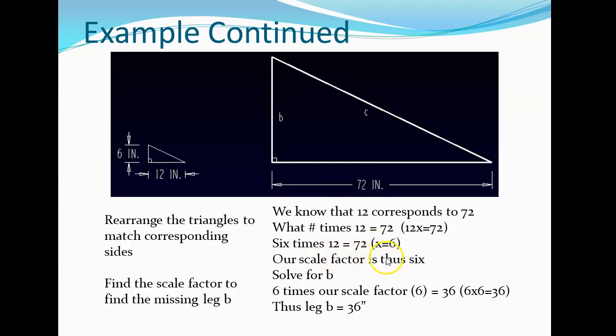Therefore, our scale factor is 6, because 6 times 12 is 72. Next, solve for b. This number, 6, times our scale factor of 6, will equal the length of b. So 6 times our scale factor, 6, is 36. Thus, the length of this leg of the triangle right here is 36.